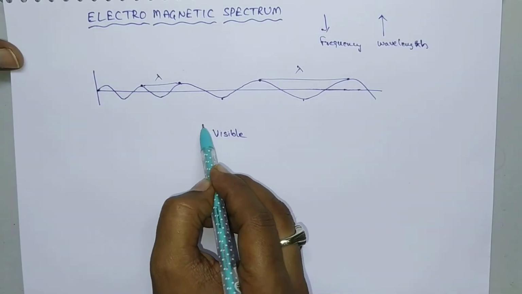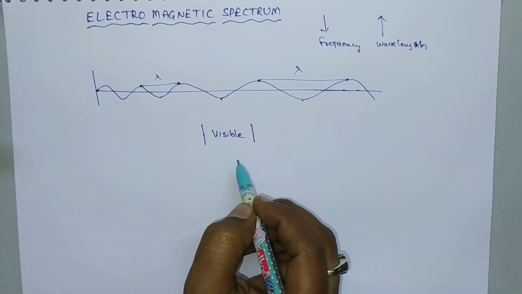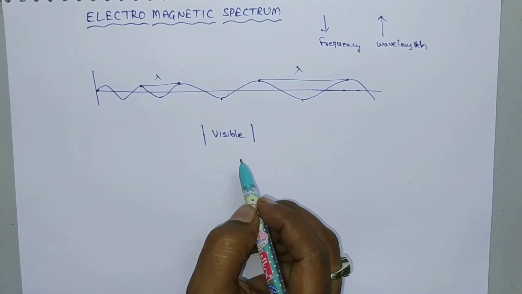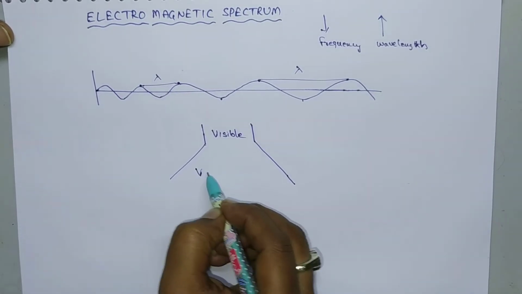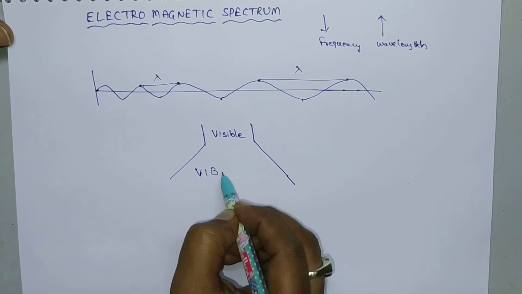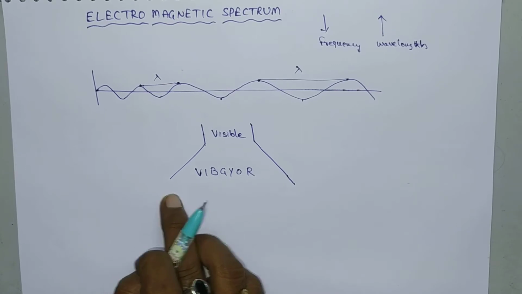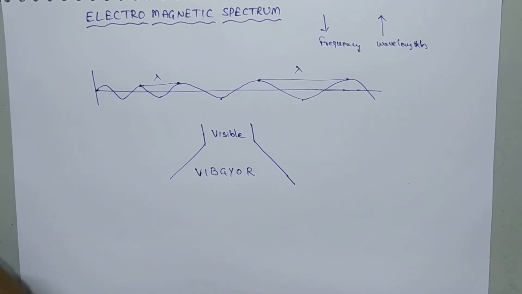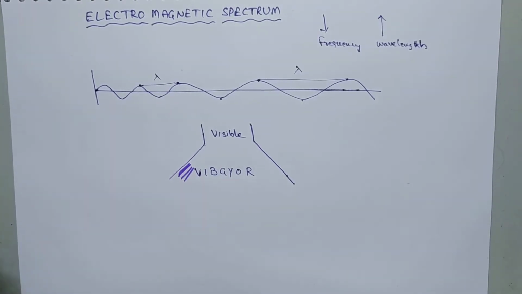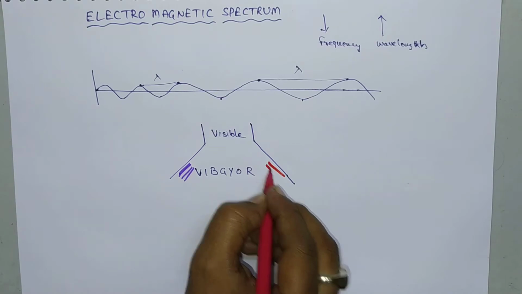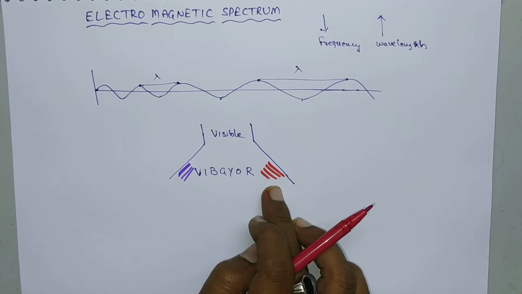This visible radiation consists of 7 colors: VIBGYOR, that is violet, indigo, blue, green, yellow, orange and red. If we move towards the right hand side, the wavelength goes on increasing. You know very well that violet has less wavelength than red. The red color is present at the right hand side, so violet exhibits less wavelength whereas red exhibits high wavelength.